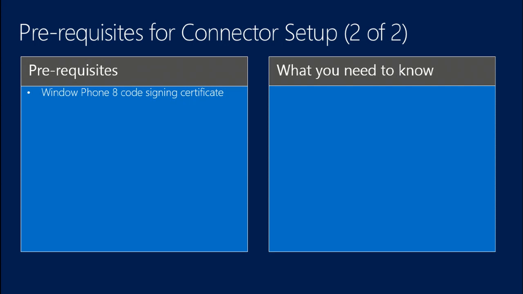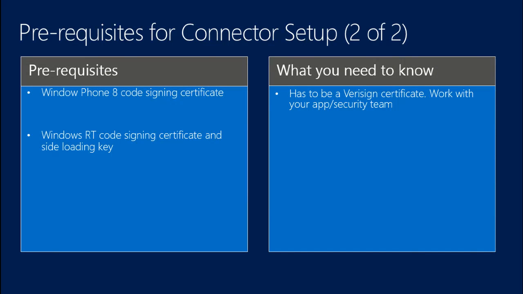Now, the other set of connectors, these are device-specific prerequisites that you would need. You need a code signing cert for Windows Phone 8, which has to be a VeriSign cert. So work with your security team or your app team, which typically generates or manages the certificates in your environment. You need a Windows RT code signing certificate and a sideloading key.